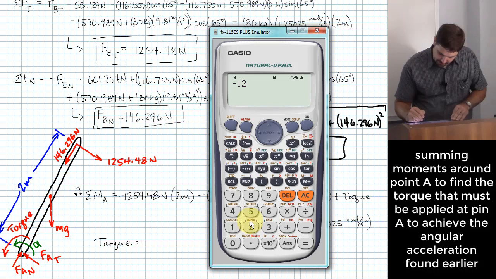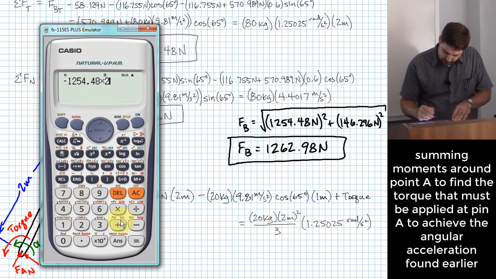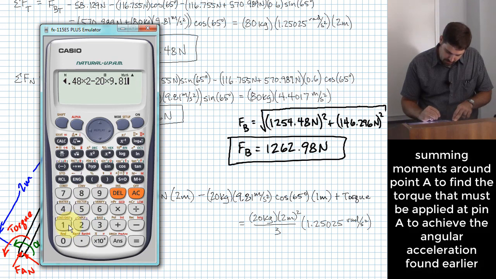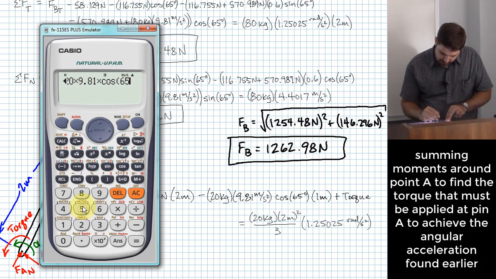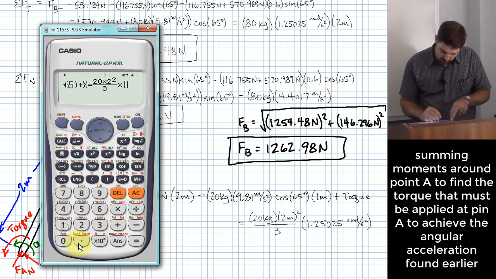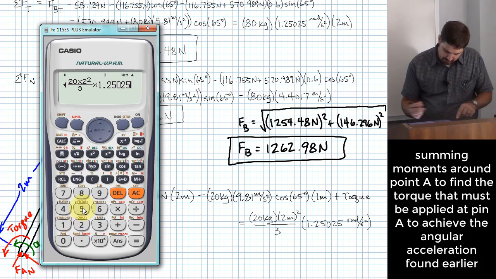Minus 1254.48 times 2, minus 20 times 9.81 times the cosine of 65 times 1 plus x is equal to, okay, 20 times 2 squared over 3 times 1.25025.